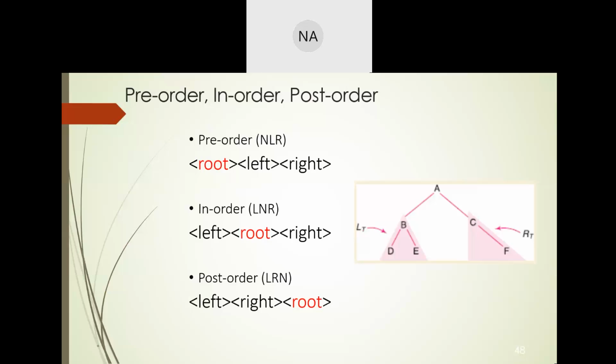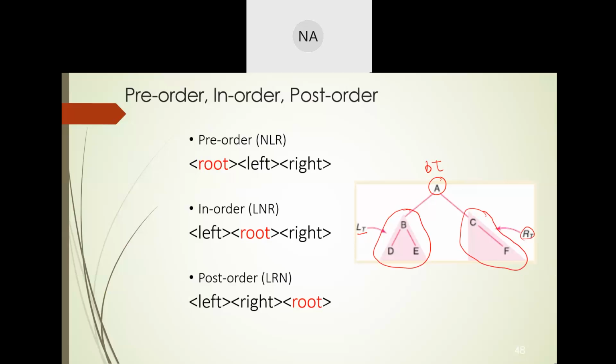So say you have a binary tree. Here A is the root, and this is the left subtree of root node A, denoted by LT, and this is the right subtree of the root node A, denoted by RT.